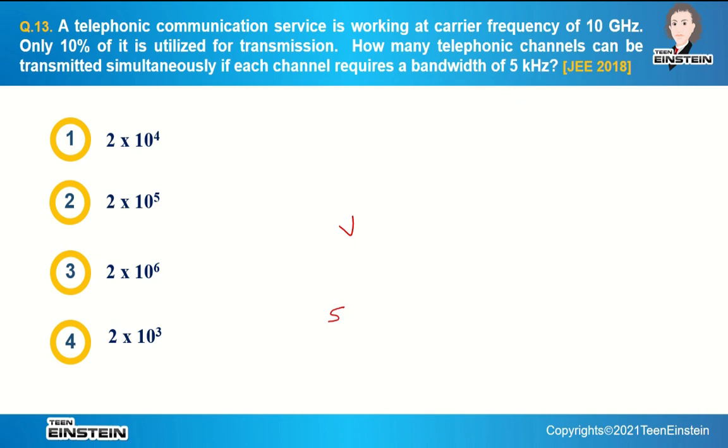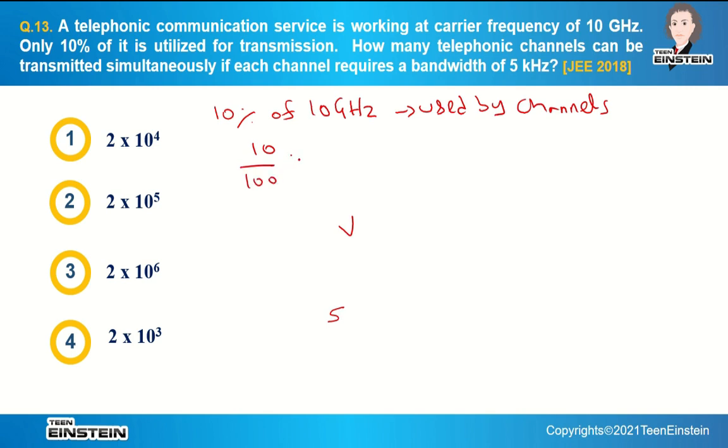What they are saying is 10% of 10 GHz is used by the channels. So it will be 10 divided by 100 into 10, which is equivalent to 1 gigahertz. Each channel requires about 5 kilohertz.